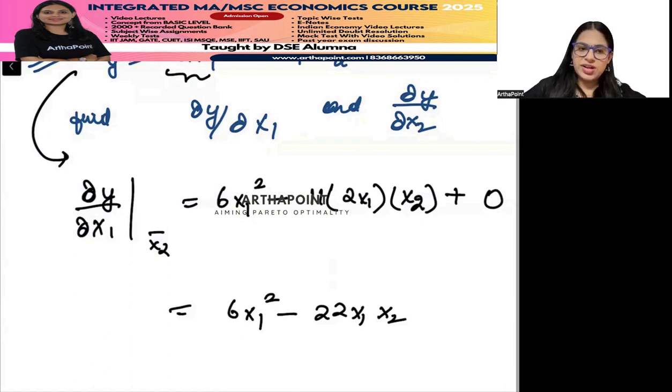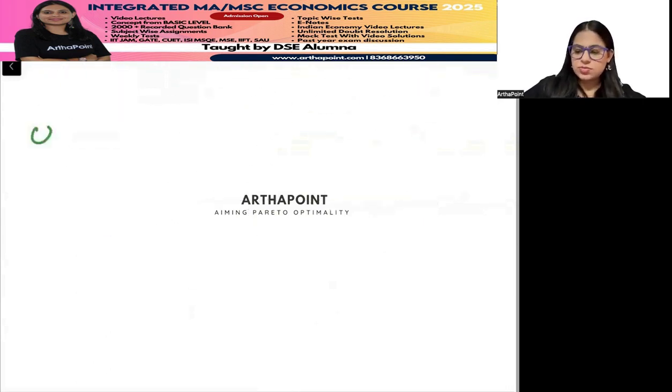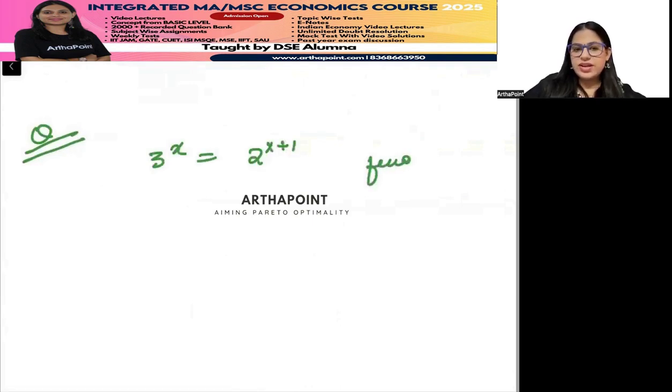So if I just go ahead and ask you something like this, suppose that you are given 3 to the power x is equal to 2 to the power x plus 1. Find x. So you can take log on both sides, beta.